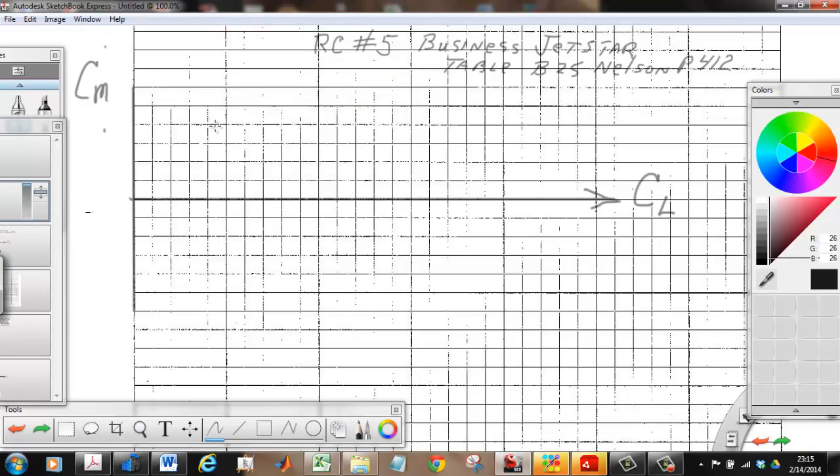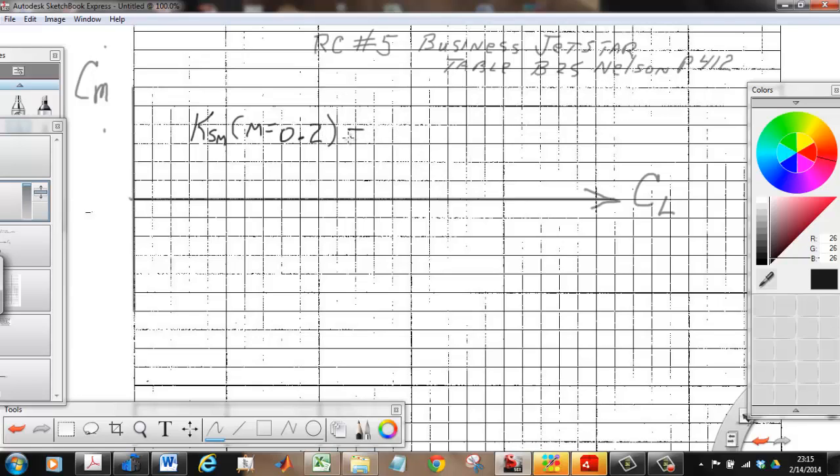Well, we're given the table, so we can answer some preliminary questions. They want to know the static margin when the Mach equals 0.2, and there's a table for that.